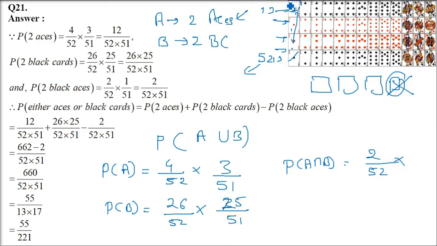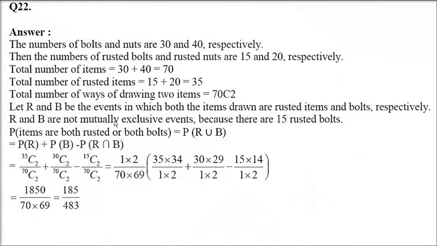Once you picked up the black ace, only one black ace is remaining, and the total number of cards remaining is 51. So this is 2 by 52, 1 by 51. There is only one remaining, PA intersection B. So now to put it here, PA, PB here, PA union B is PA plus PB minus PA intersection B, and in PA intersection B, put it here. 55 by 221 will come.